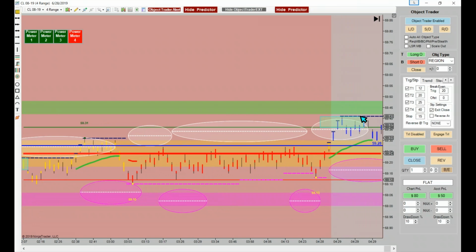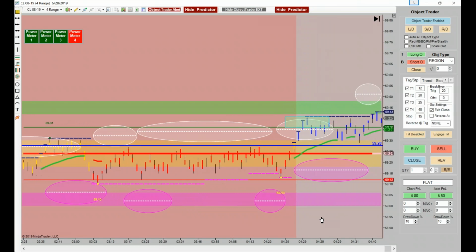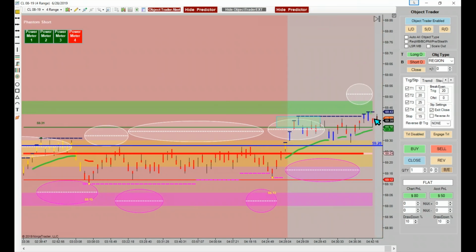Could you keep your stop right here? Well, if you got in right here, you're going to be risking about 5 or 6, 7 ticks, so that's still going to cost you some coin. You could always flip it if it breaks, but keep in mind when you flip it, usually, let's see what it does. Usually, well, we don't even know because we're at our data. But usually if you flip it, they're going to pull back anyway.